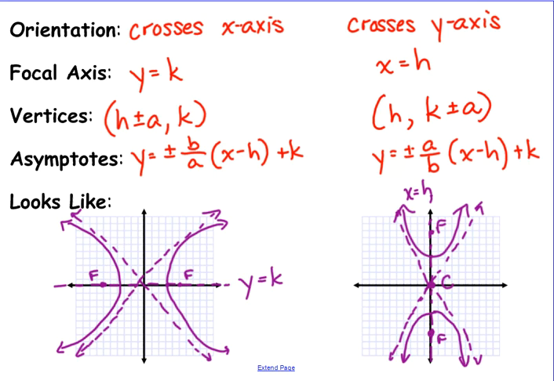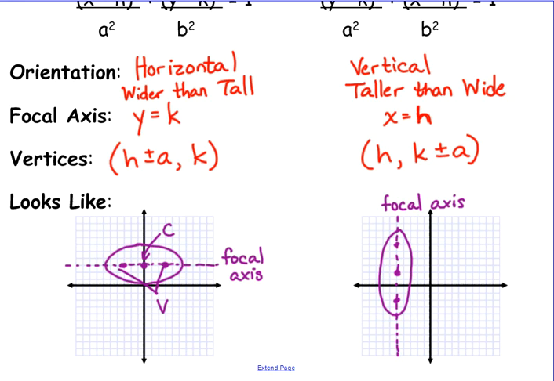Okay, one more thing that I need to go back and mention is one more kind of vocabulary. This would be the major axis, the axis that it crosses. It kind of makes sense. This would be the minor axis, the one that it doesn't cross. Okay, major, minor. We can also talk about that with ellipses. So go back to your ellipses really quick.